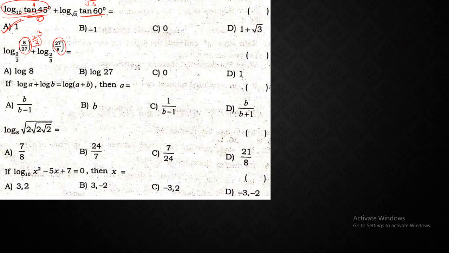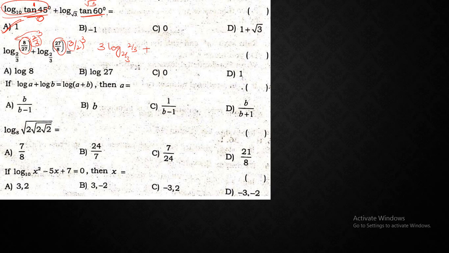Here this also is 3 by 2 whole cube. So 2 by 3 whole cube, 3 by 2 whole cube. Now if you observe, this 3 I can bring to the front, so I can write 3 log of 2 by 3 to the base 2 by 3.